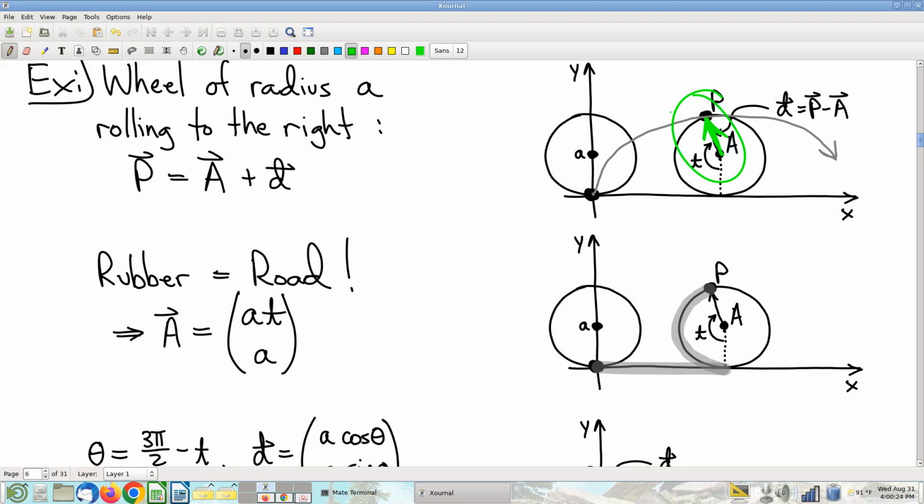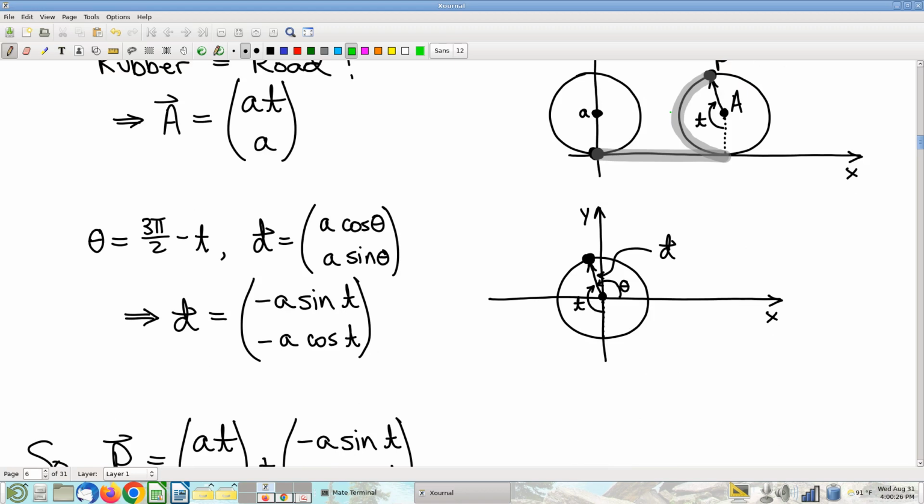But as a direction and a magnitude, it is this. And it's easier to understand vectors when we think about them in standard position. So this is the thing I want to parameterize, and I want to understand, as time passes, as t increases, where this green point is.